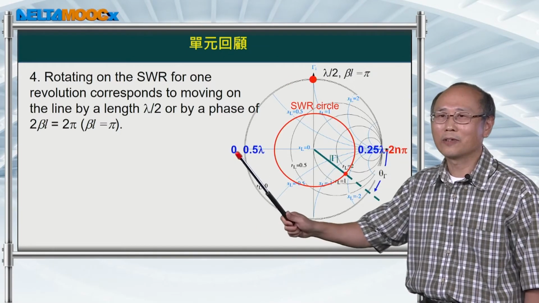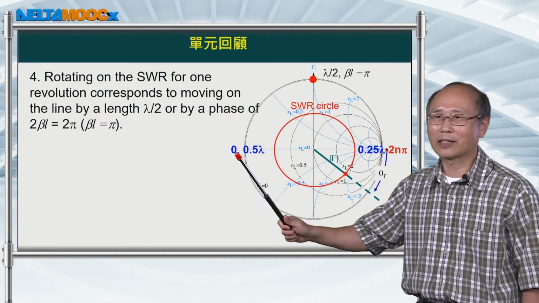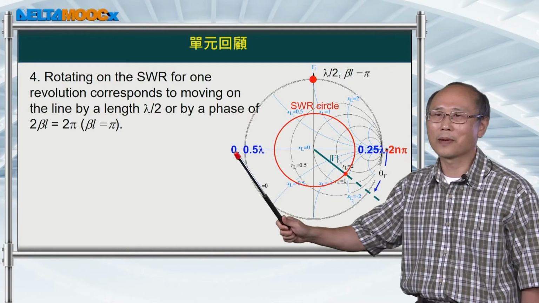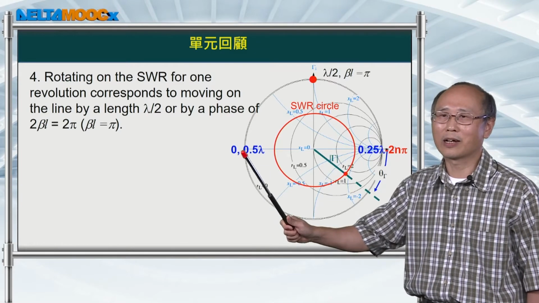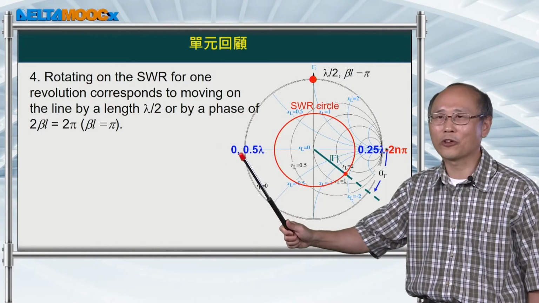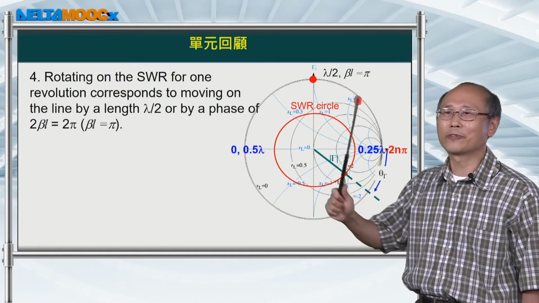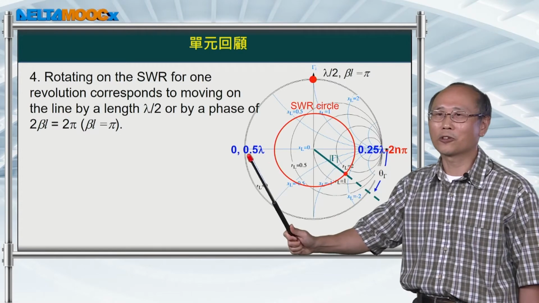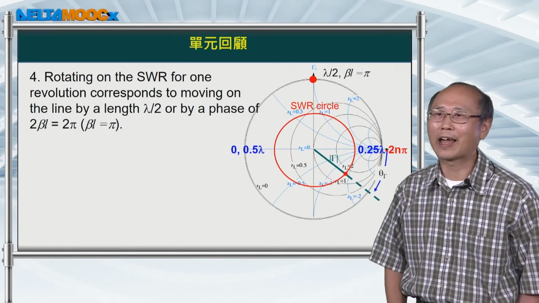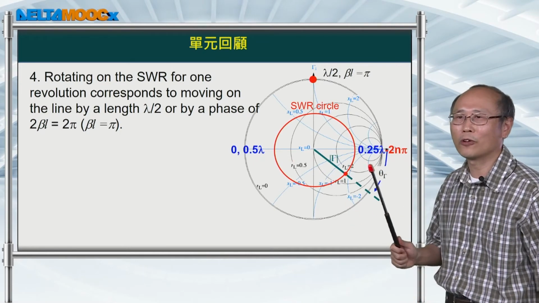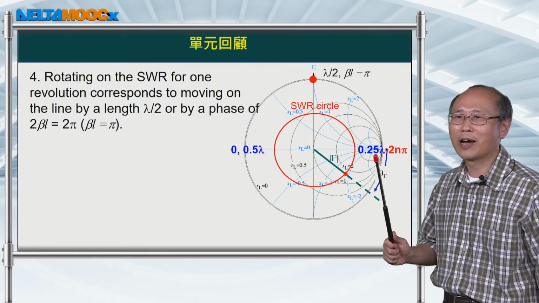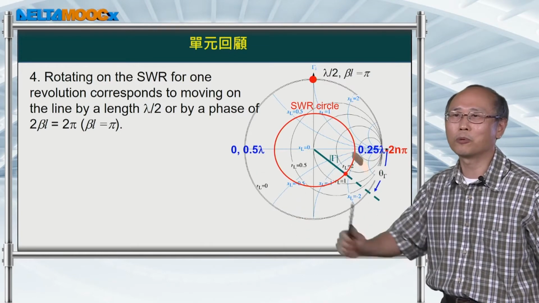In terms of measuring the length, the starting point is usually here. This 0 is the starting point, the reference point for the line. If you move a whole circle, then the total length will be 0.5 wavelength. So this point corresponds to a length of 0.25 wavelength with reference to this point.